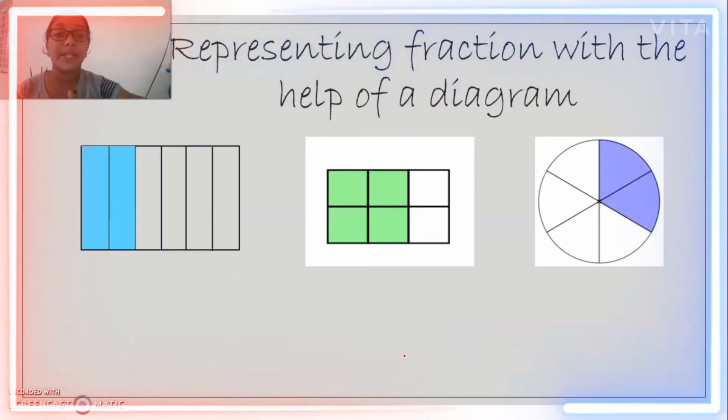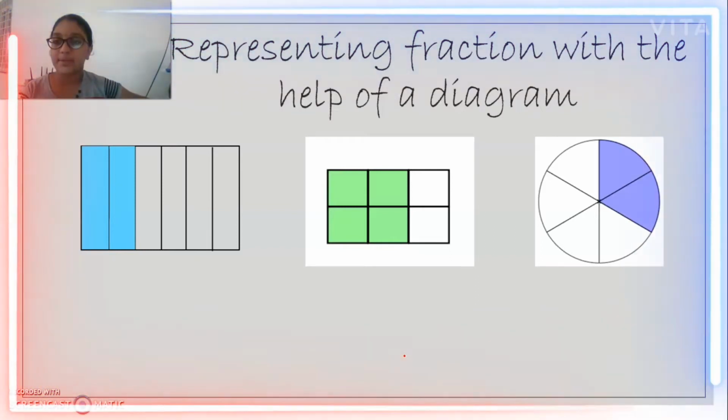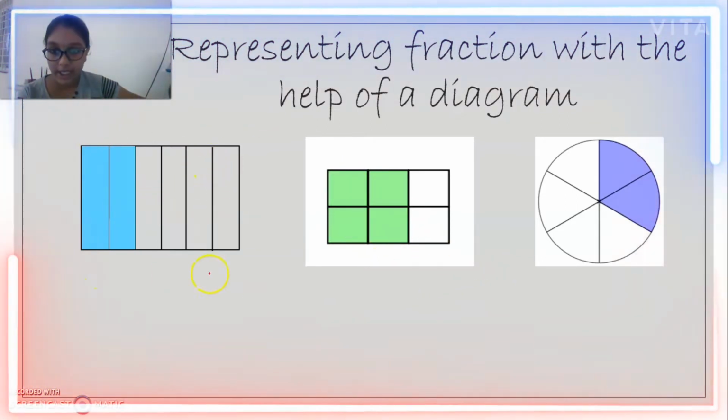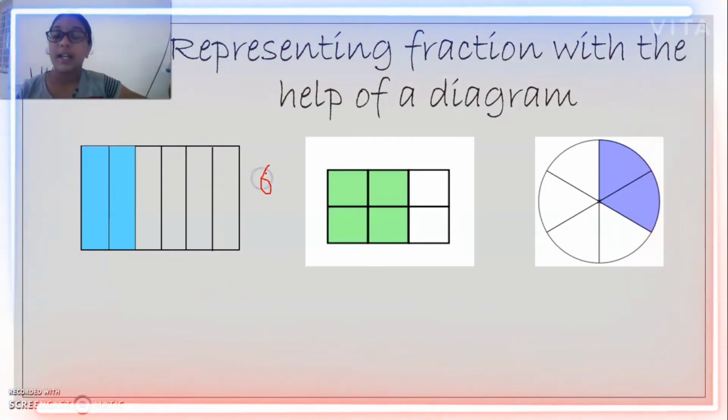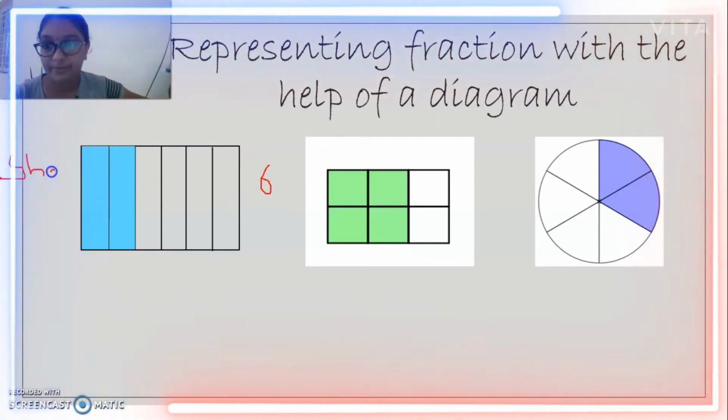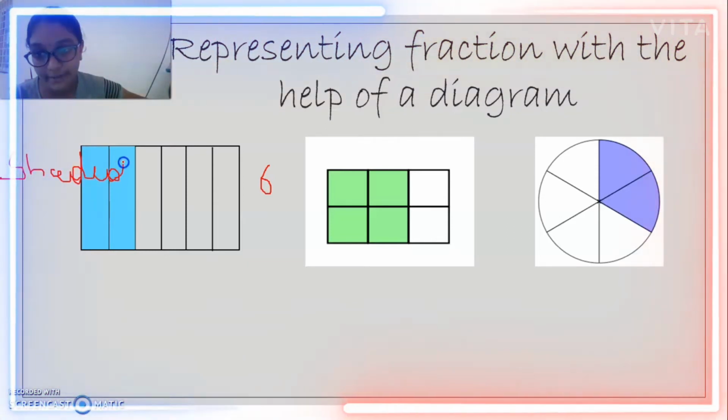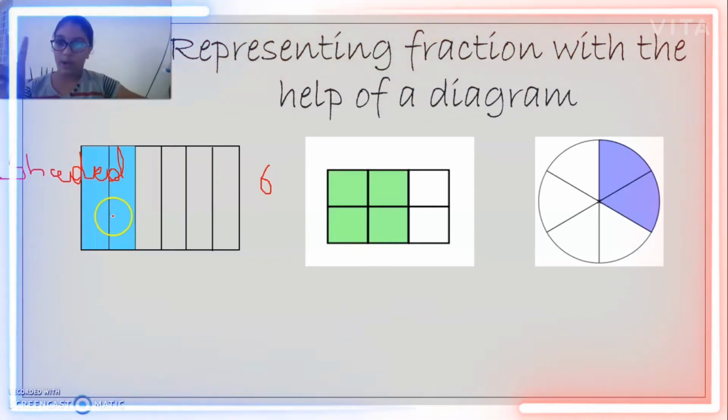Moving on, we have representing fractions with the help of a diagram. Suppose I have 3 diagrams over here, a rectangle, a mini rectangle and a circle. This rectangle is divided into 6 equal parts. Here we are representing the shaded portion. How many blocks are shaded? There are 2 blocks shaded, number 1 and number 2.